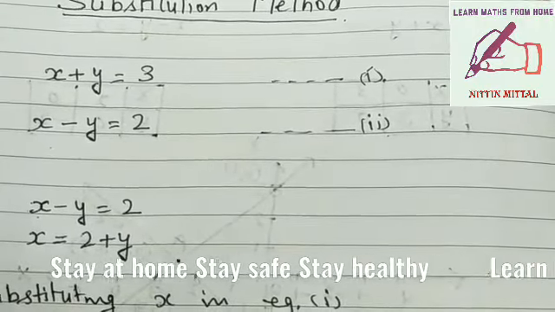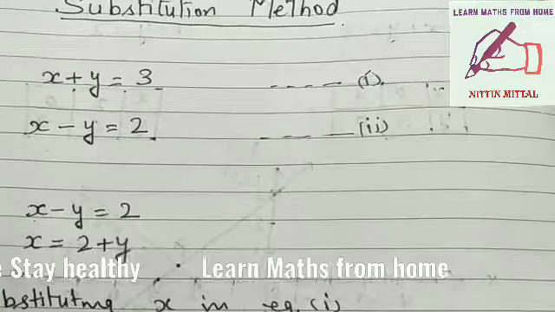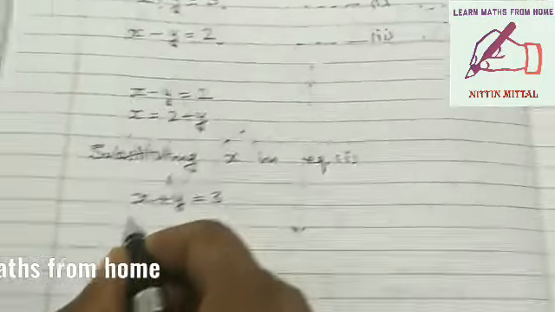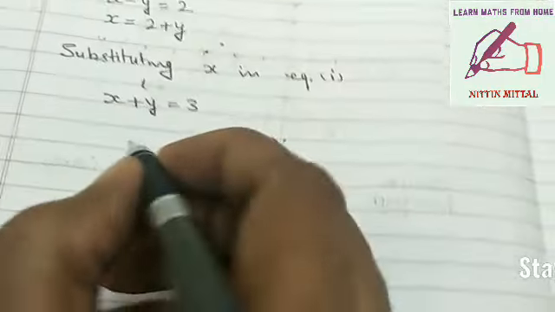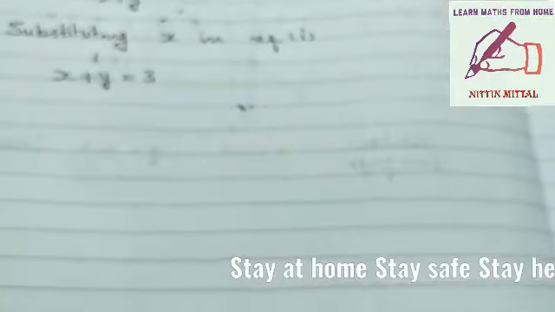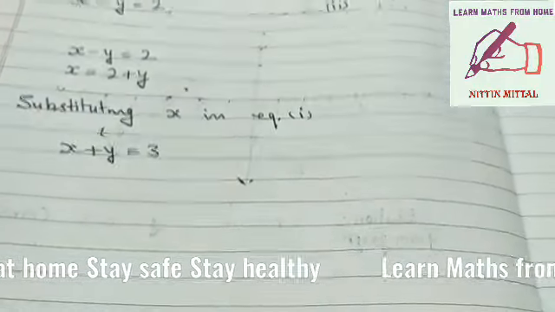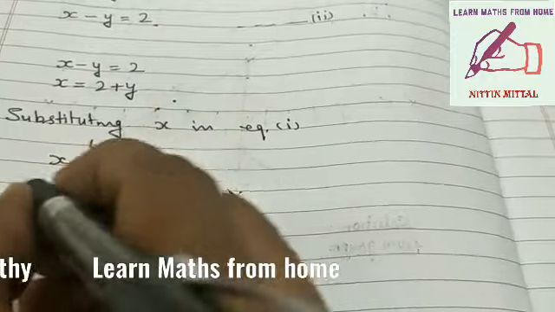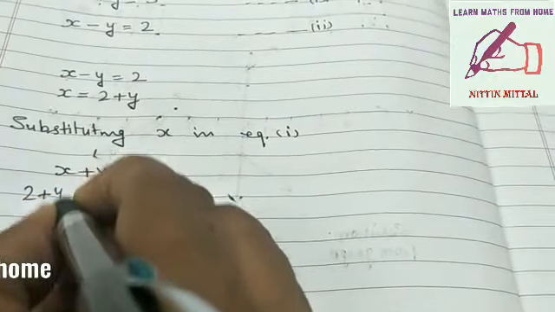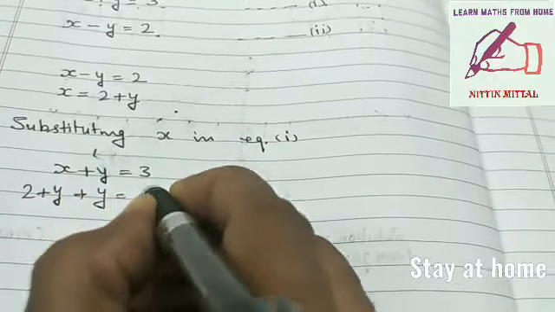We have x plus y equal to 3. So I am substituting x. How am I substituting x? See, in place of x, we will write 2 plus y. The rest of the things will remain the same.